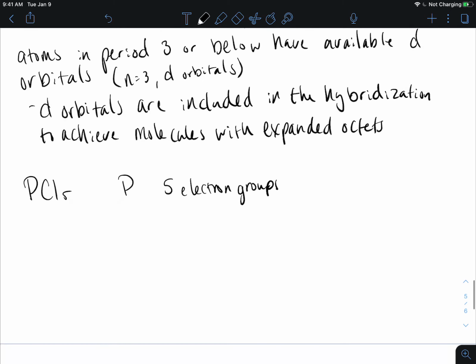So we have our s, and then we have our 3 p's, and then we can include 1 d, giving us sp3d. And there's 5 of these total, so you get 5 hybrid orbitals.